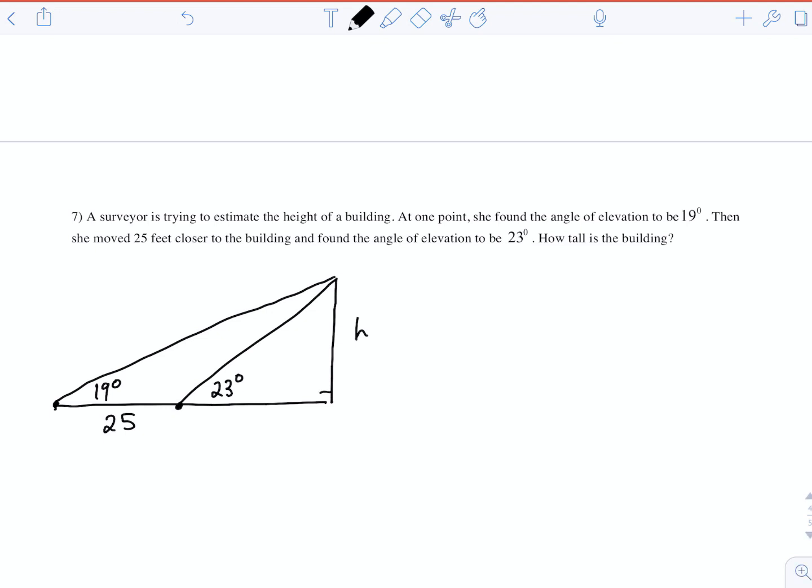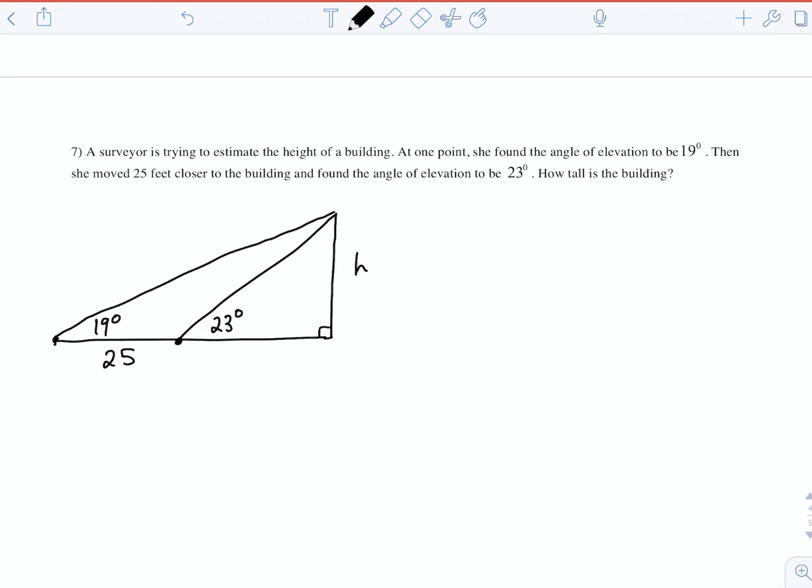So assuming that the building is standing upright, this is 90 degrees, and this part right here is not known, so call it x. So now we can use this triangle right here. This purple triangle, and then we could use tangent. So it would say tangent of 23 degrees equals opposite is h, adjacent is x.